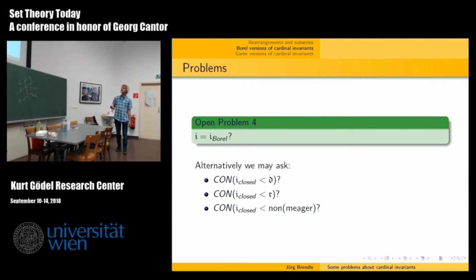Of course, either of these consistency results would solve this question in the negative. So either we have to make a ZFC proof they are equal, or we have to show this is less than I, but to show this is less than I, the approach would be to show that it's actually even less than one of the well-known lower bounds of I. That would be the approach. Okay.